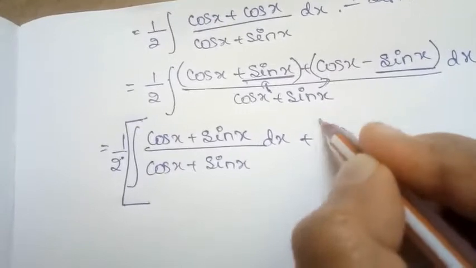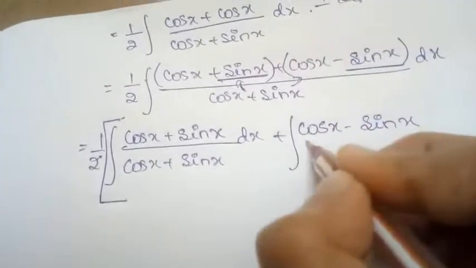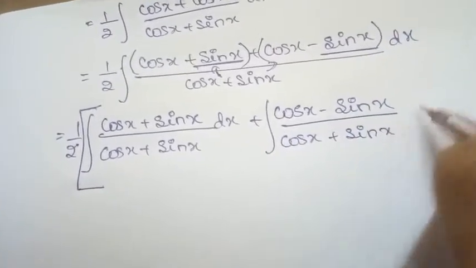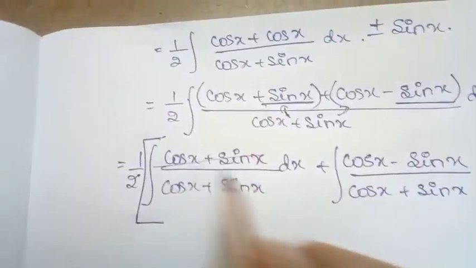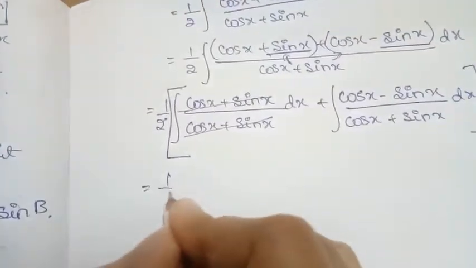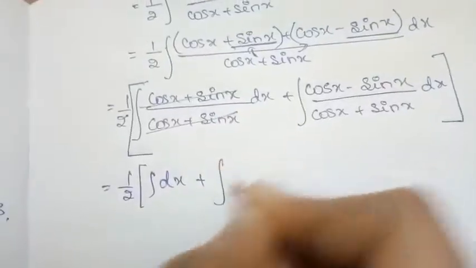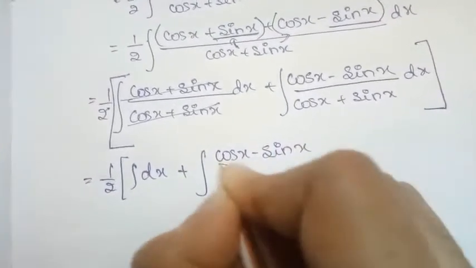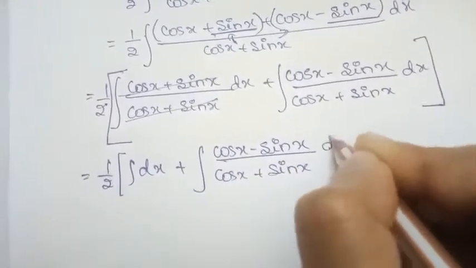The next term is integration of cos x minus sin x divided by cos x plus sin x dx, closing the big bracket. You can see here the numerator and denominator of the first term are the same, so it cancels. What remains in the first term? 1 by 2 integration of dx plus the next, integration of cos x minus sin x divided by cos x plus sin x into dx.